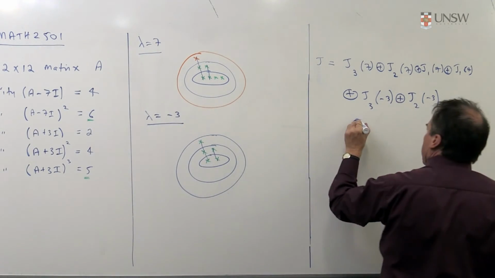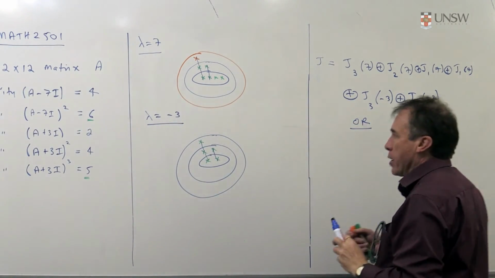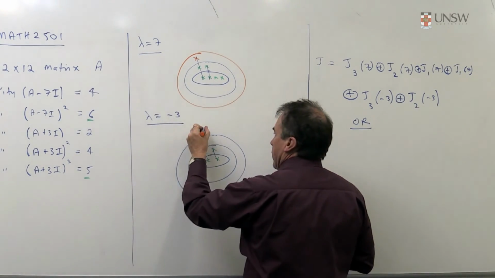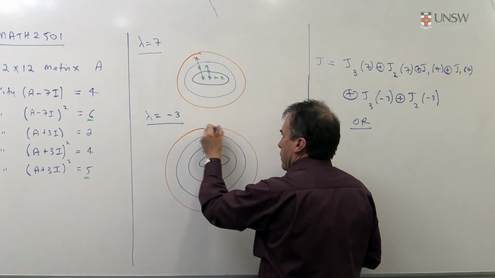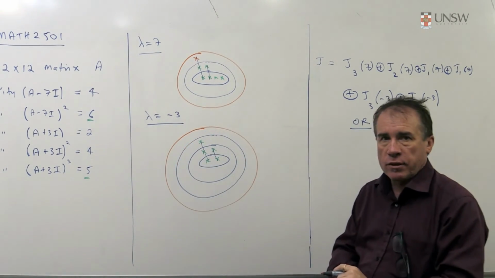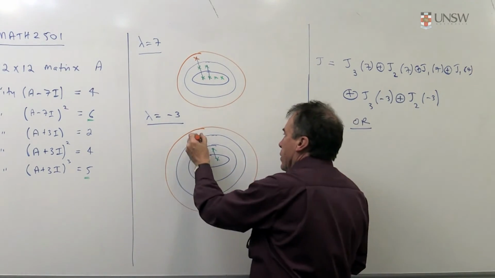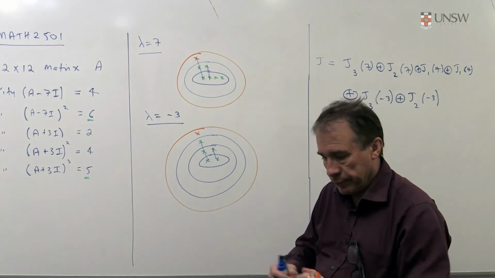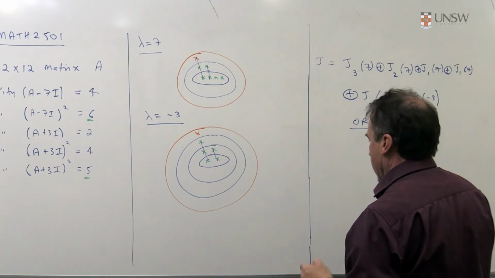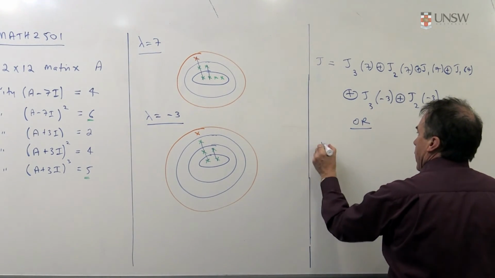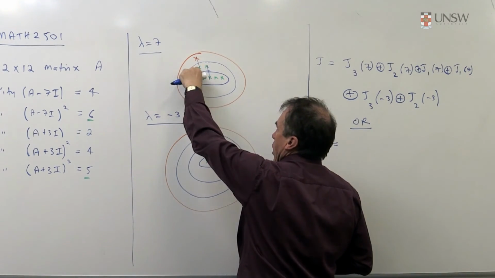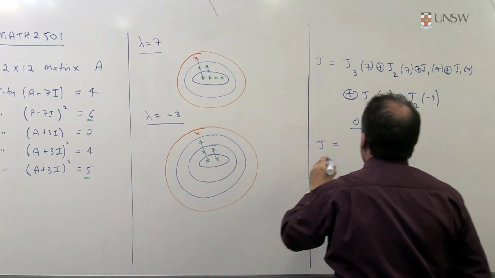Well, there was a little bit of choice there, so I might have had the following. I might in fact have had the extra dimension of generalised eigenspace here, and that means I would have had my generalised eigenvector there. And in that case, the Jordan form, this wouldn't be there anymore. I would just have two 2 blocks.